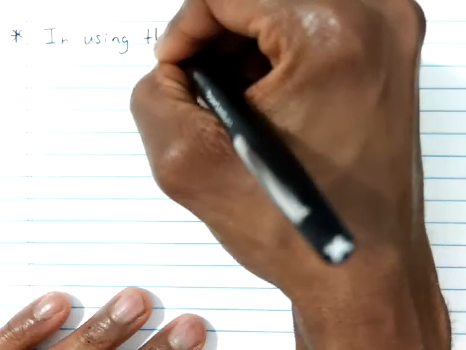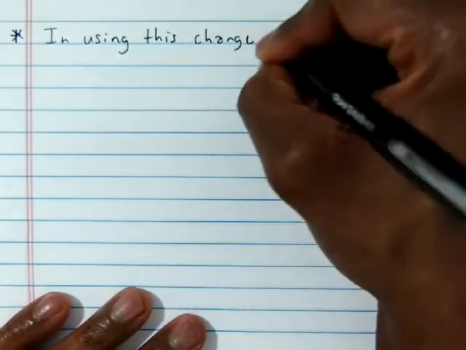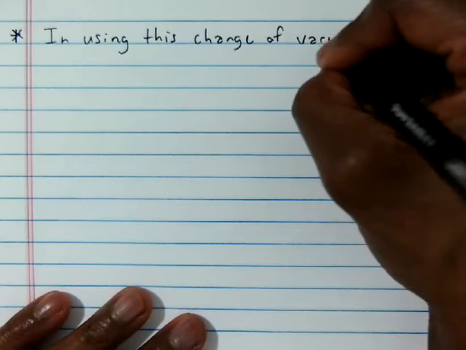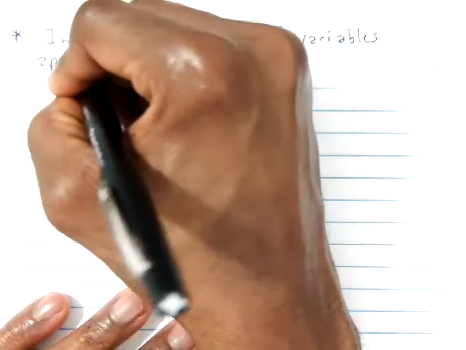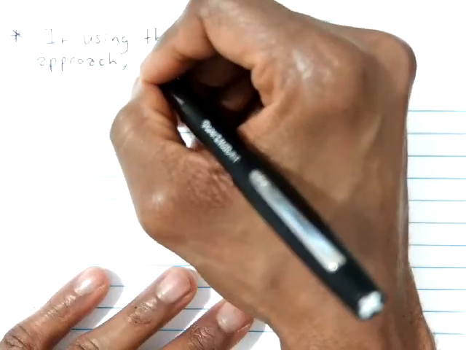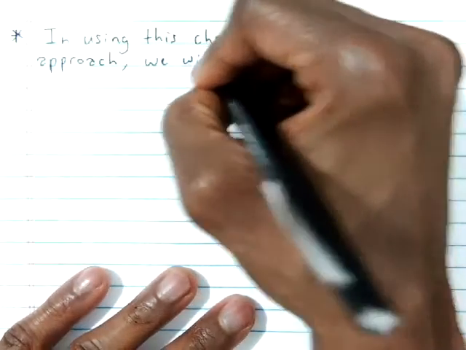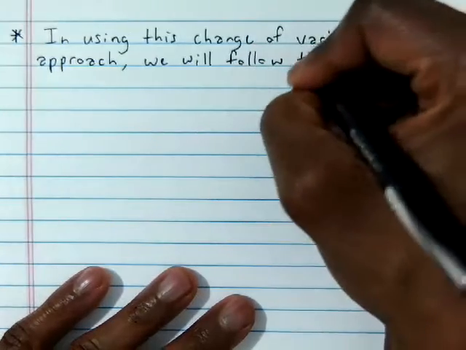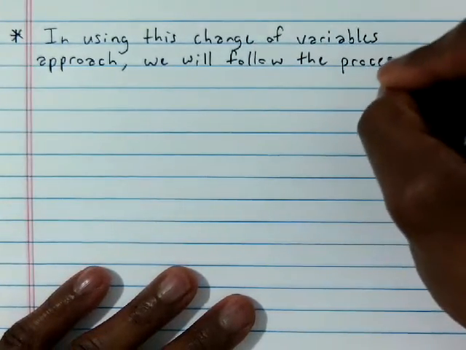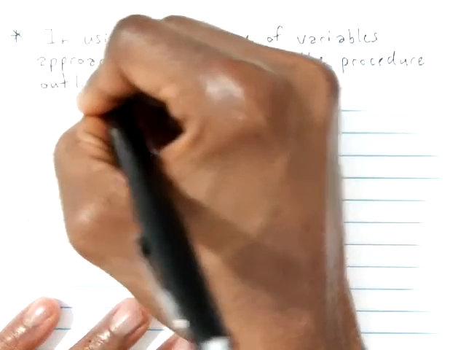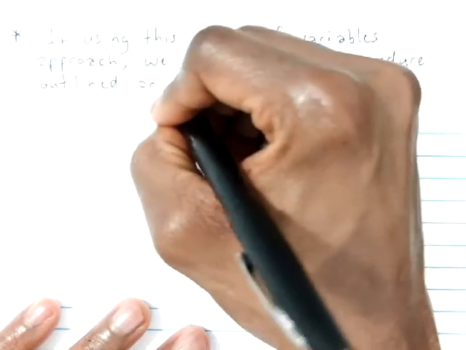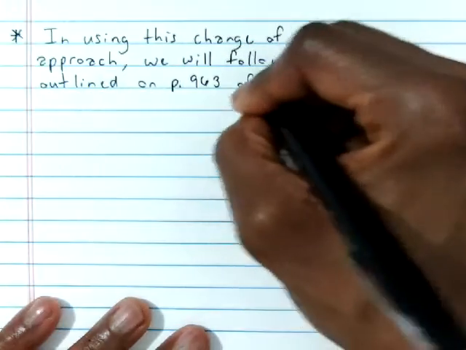So in using this change of variables approach, we will follow the procedure outlined on page 963 of your textbook.